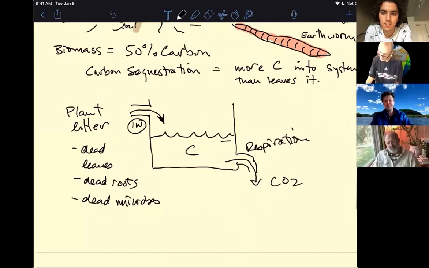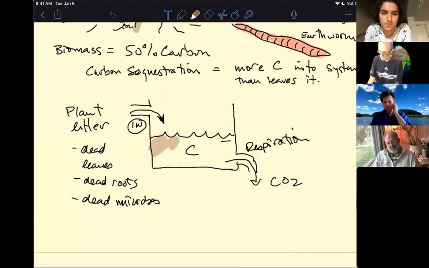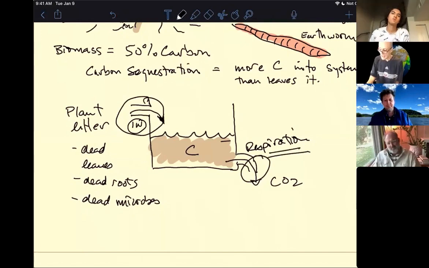So if you're trying to build this pool right here of carbon in the soil, just like we were talking about before with the plants, if you want this to grow, then your inputs had better be bigger than your outputs right here. So any kind of management that we do that accelerates respiration is going to shrink this pool if the inputs don't change.